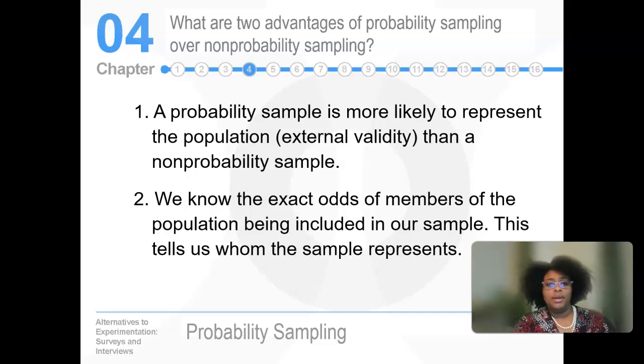versus, say, non-probability sampling. We know the exact odds of members of the population being included in our sample. We would hope that this tells us the sample's representation, but this could be a little bit tricky at times, because if we don't do this broad enough, or consider individuals maybe across the world that are in this particular group that we are studying, say Asian Americans.